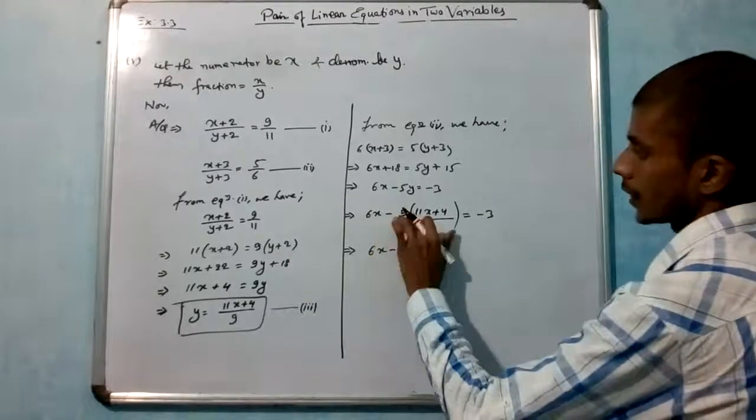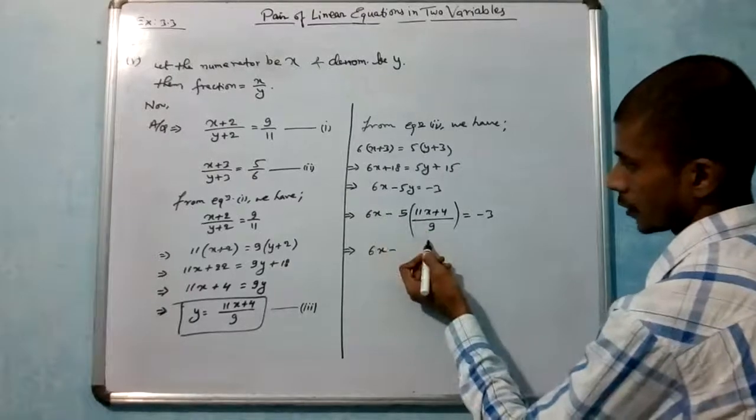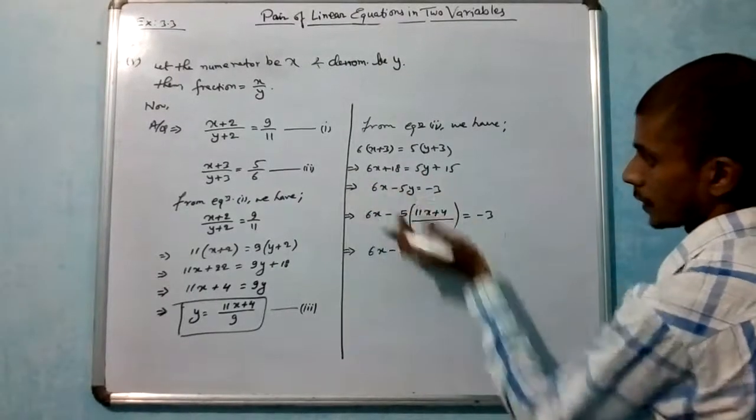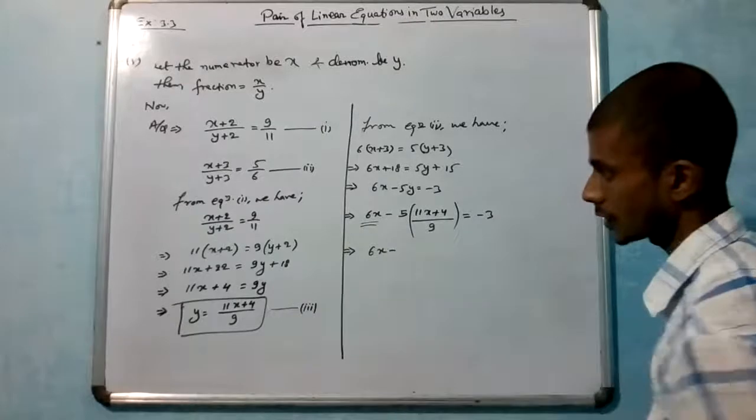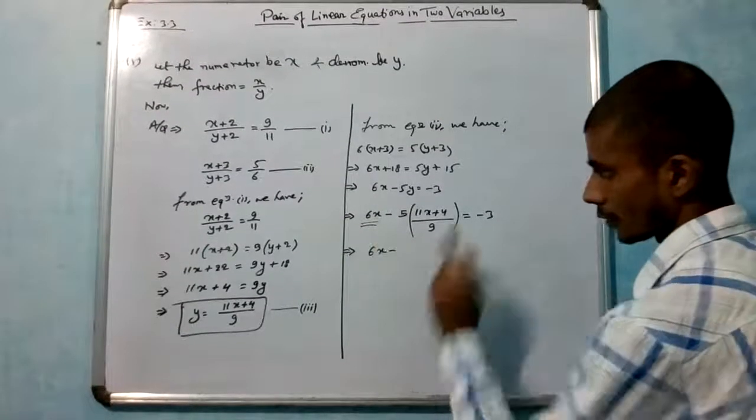No, sorry. See here, if we do that, this is not a single numerator and denominator. This is not complete in the numerator, this is a separate part. So we need to take the LCM and solve, remember?